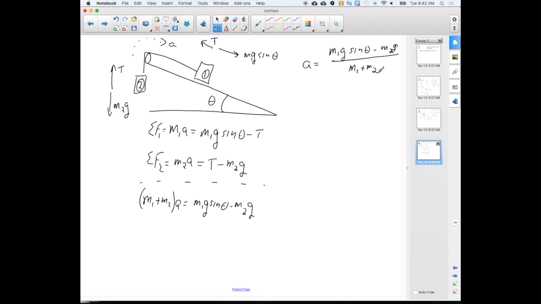So it's worth spending a few seconds. What are the limiting cases here? Give me the 3 limiting cases. Yep, hold on just a second. Where did you get M1G sine theta? From the previous page. We just got through showing the forces on an inclined plane.